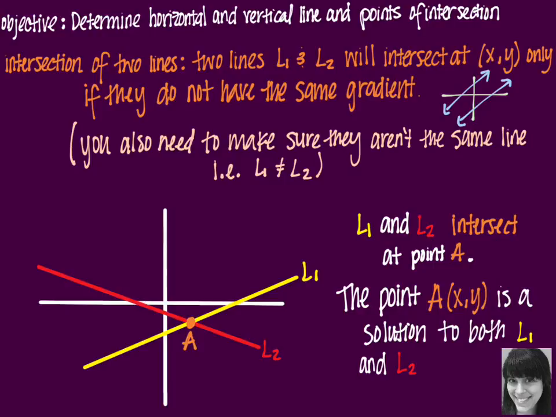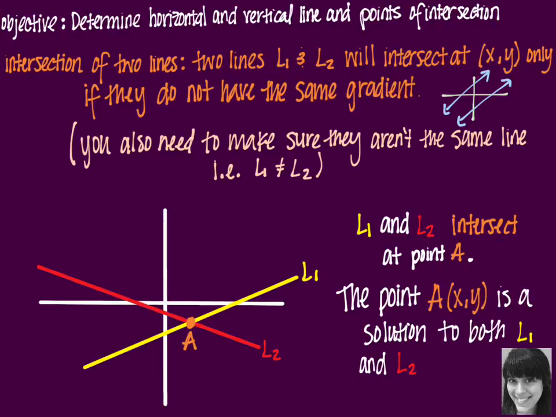Okay? So, when L1 and L2 intersect, they intersect at some point (x, y). This point (x, y) is a solution to both L1 and L2, meaning the equation of their line, right?